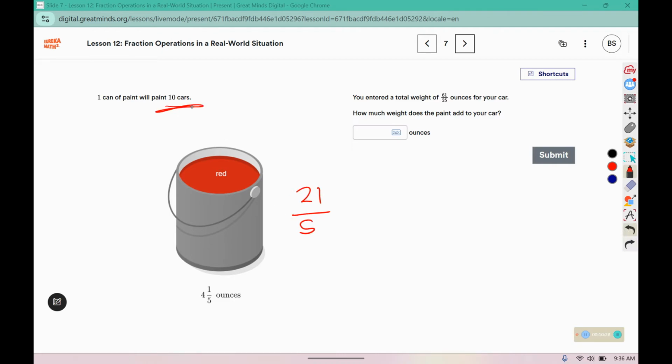But that paints 10 cars, so we're going to divide by 10 to figure out how much it would be for one car. I can rewrite this as multiplying by 1/10. 21 times 1 is 21. 5 times 10 is 50.